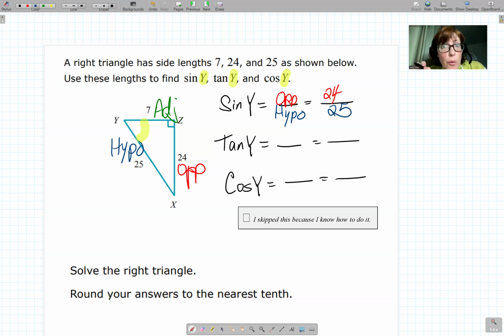It just wants the ratio, which means it just wants the fraction.